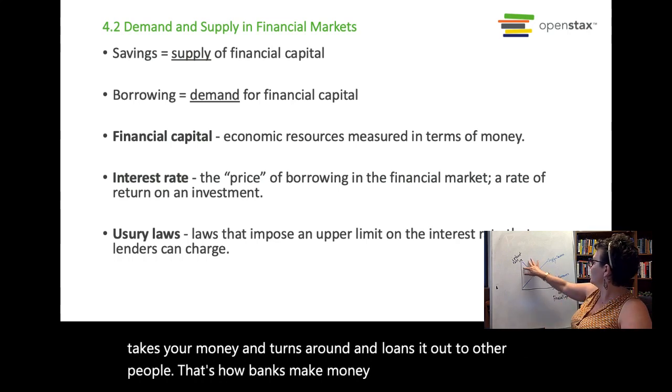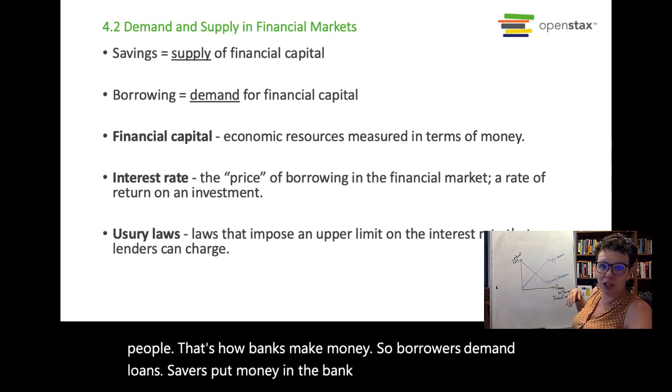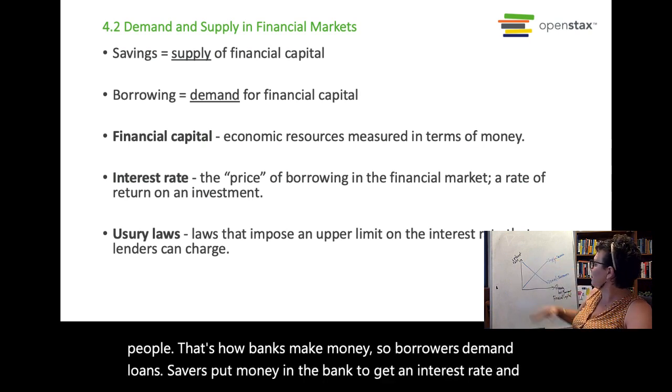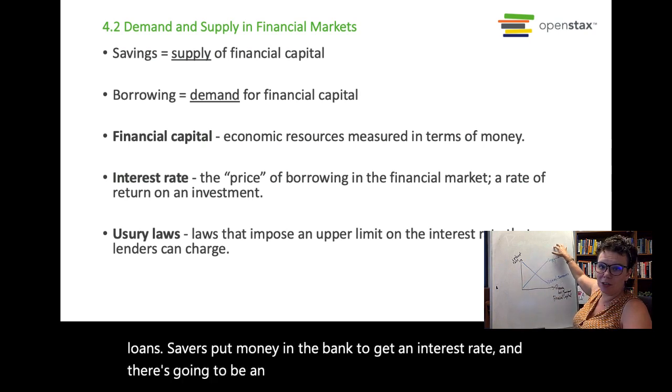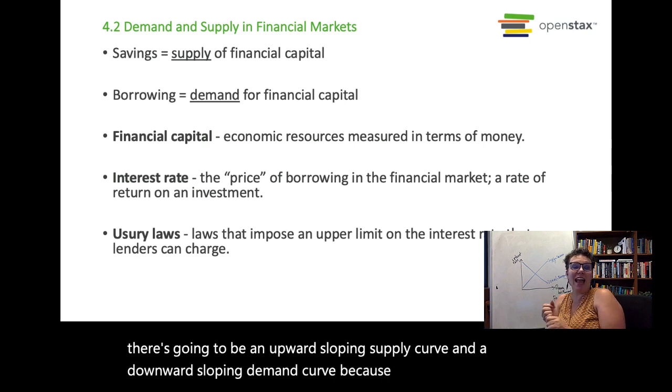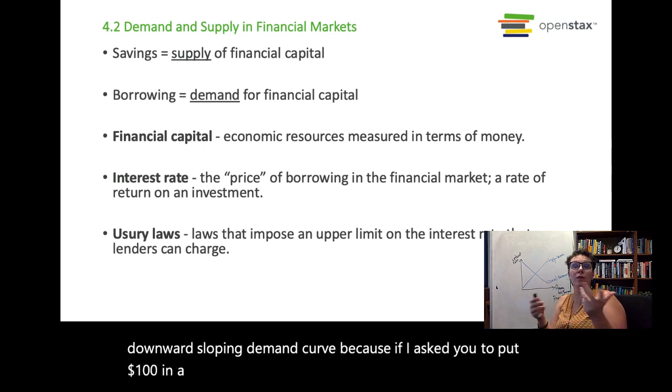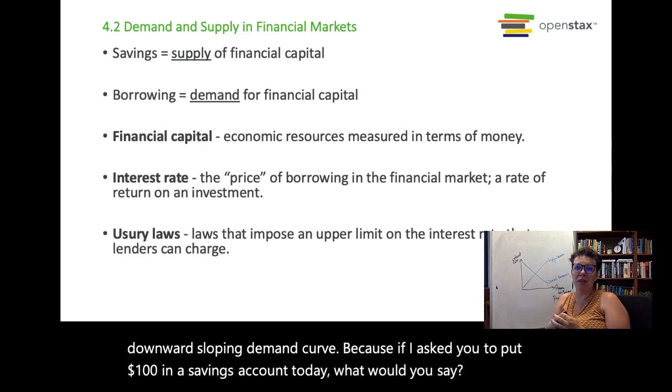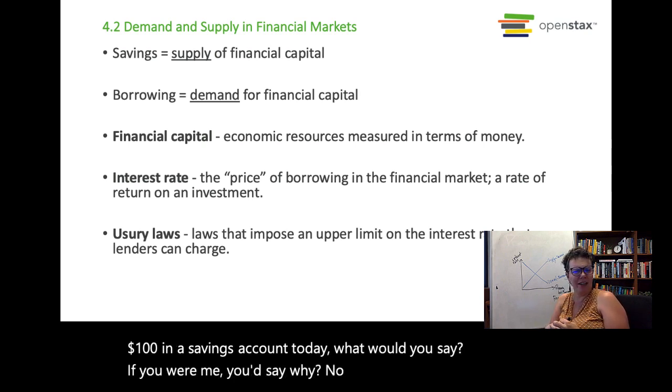So borrowers demand loans, savers put money in the bank to get an interest rate, and there's going to be an upward sloping supply curve and a downward sloping demand curve. Because if I asked you to put $100 in a savings account today, what would you say? If you were me, you'd say, why? No, maybe, maybe not.